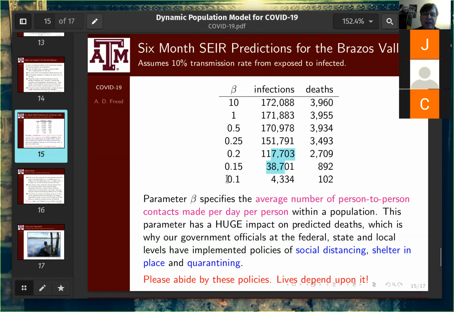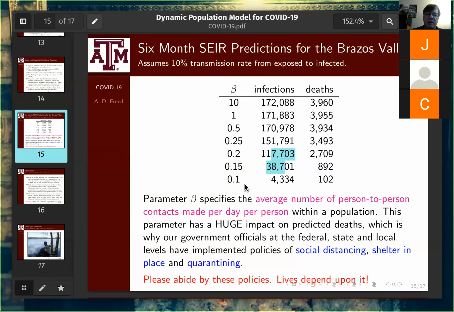And beta is the only parameter that's actually in the population's control. Everything else is in the control of the disease. It's a consequence. We can't adjust it by behavior. We can hope for a vaccine, which would be wonderful. And I know there are great minds working on that 24 hours a day all around the world right now.